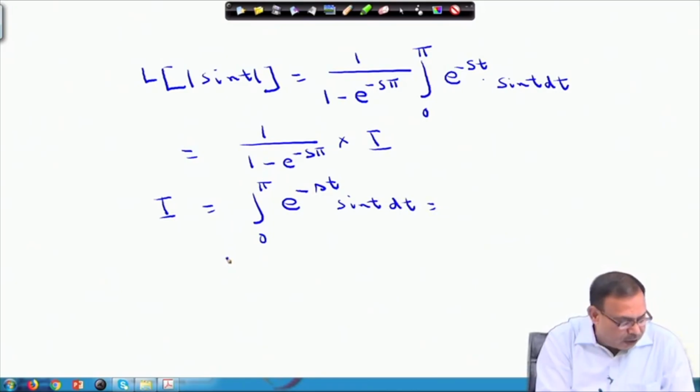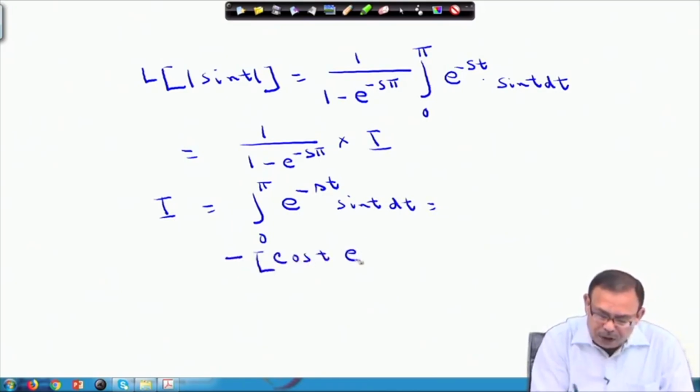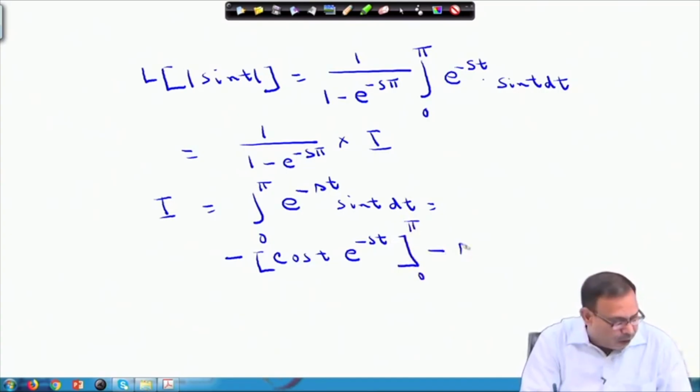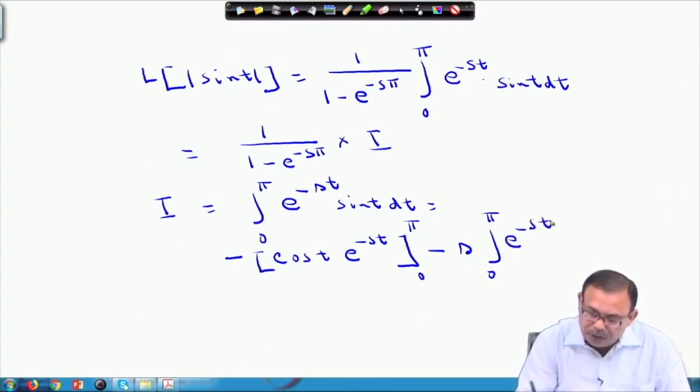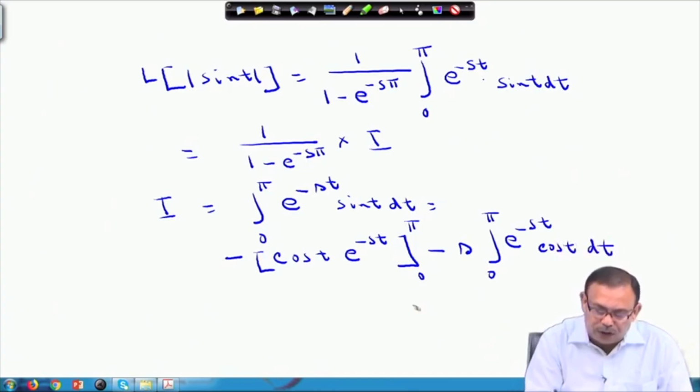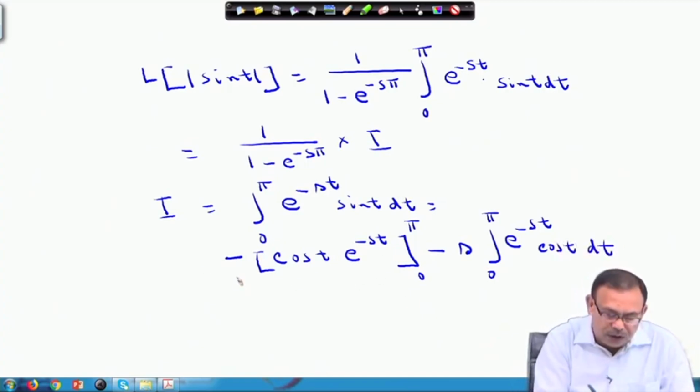This is equal to minus cos t e to the power minus s t from 0 to pi, minus s into the integral from 0 to pi of e to the power minus s t into cos t dt, using integration by parts. This first value we can find from here.